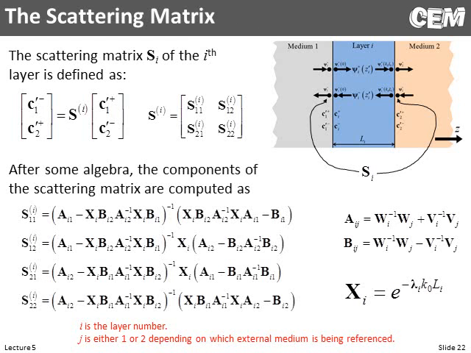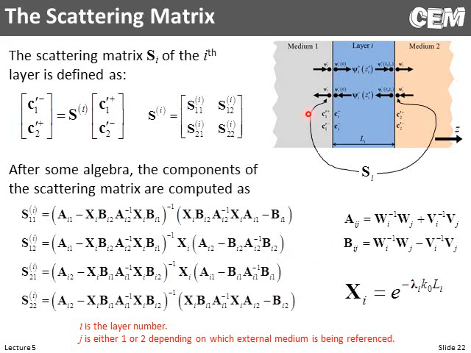If we do this, what happens? So here's our general scattering matrix, and after we go through all that algebra, here's our A's and B's, here's the expressions that we get. And rather than keep writing exponential of minus lambda sub i k naught L, I'll just write this as X sub i. Remember, that's a diagonal matrix with the exponentials of all the eigenvalues and also k naught L running down the diagonal.